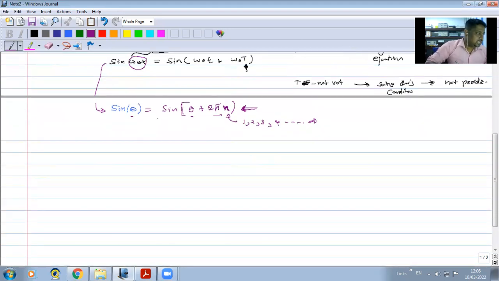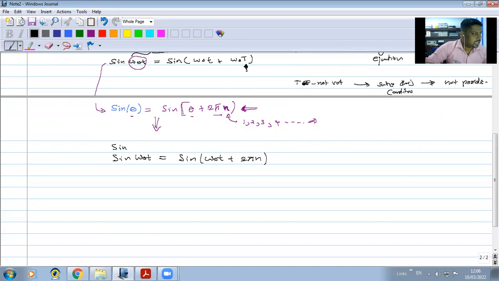Okay, so using this condition, we can write sine omega naught t is equal to sine omega naught t plus 2 pi n. Isn't it? We can write this like this. Okay, so what is our original signal?